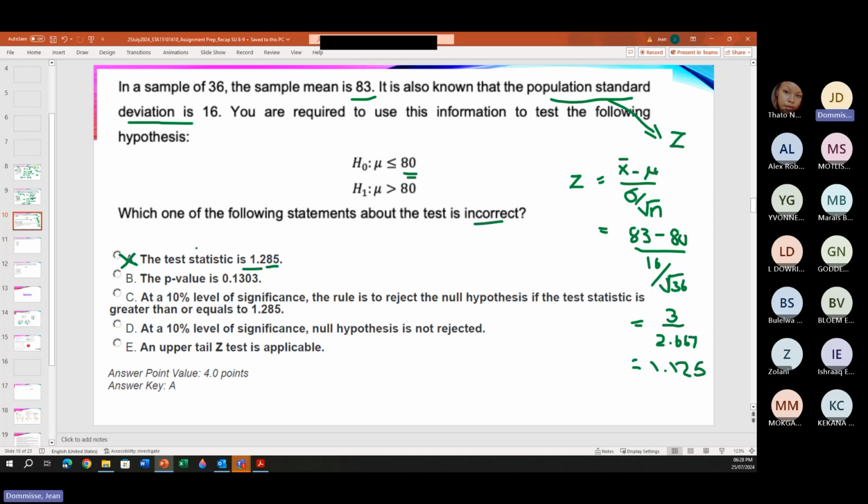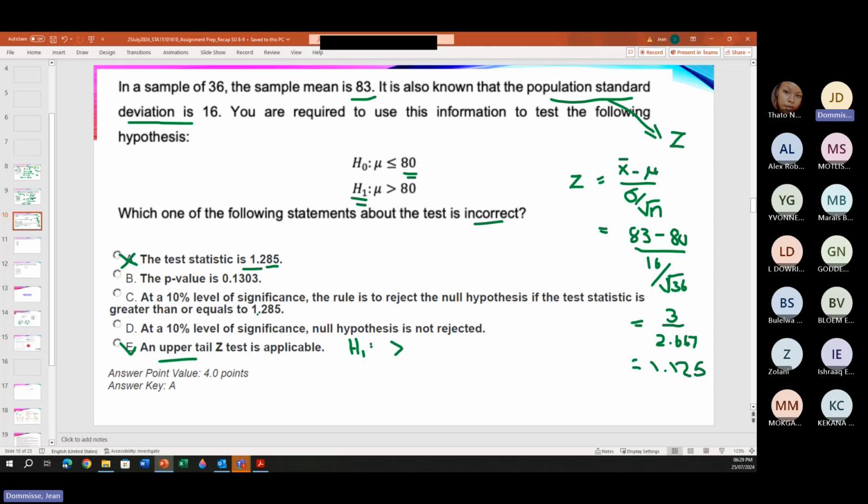But let's quickly look at the rest of the question. The alternative is bigger than 80, so an upper tail Z test is applicable, because we will always look at what the alternative sign is.